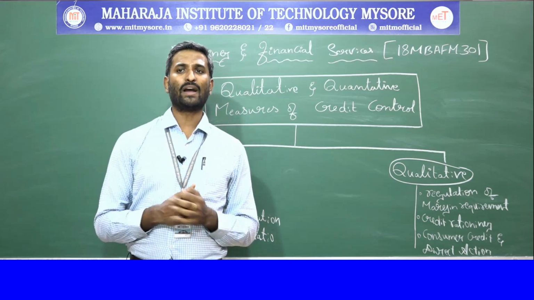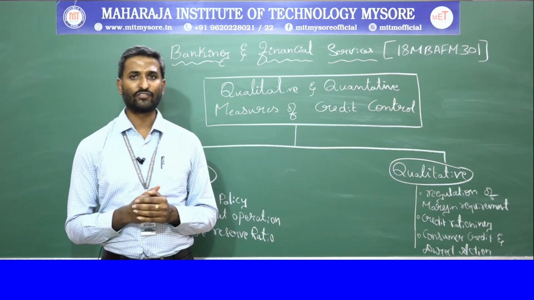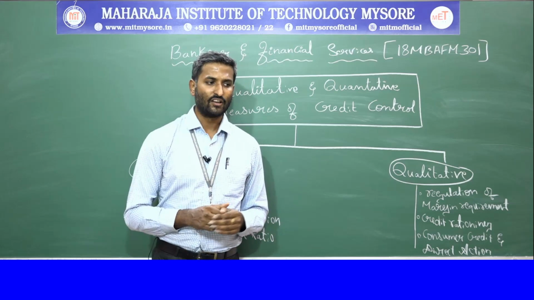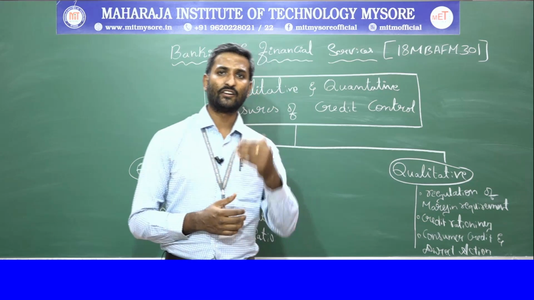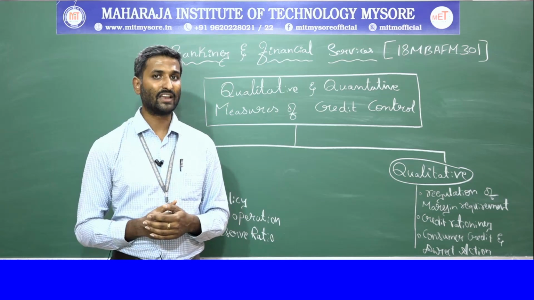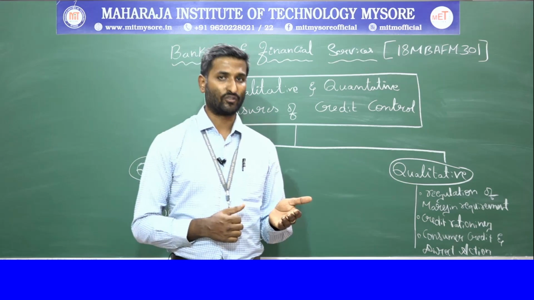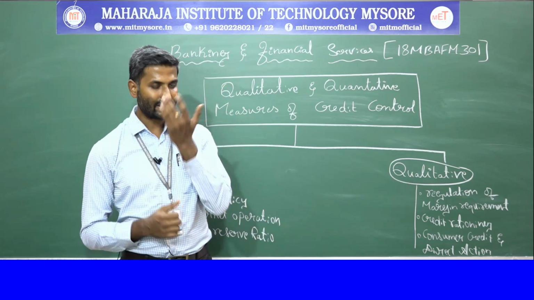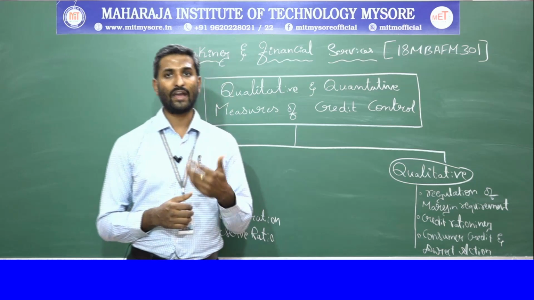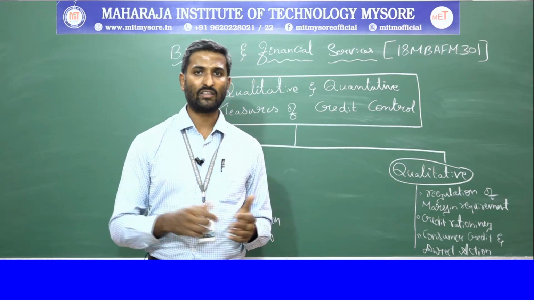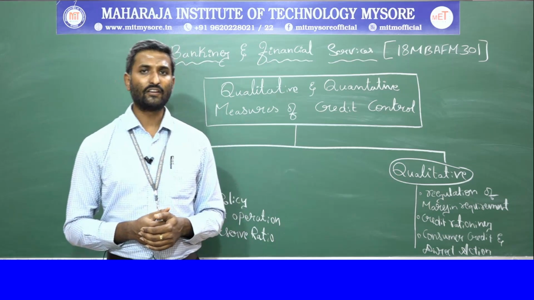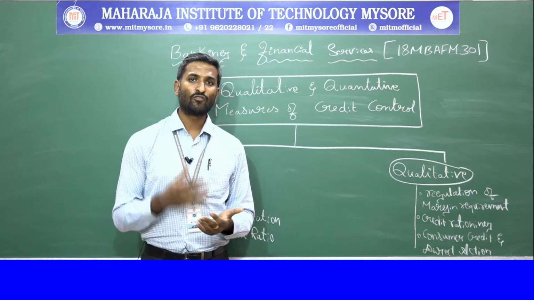A change in the margin requirements will influence the flow of credit. When the RBI allows a particular asset to be considered at 80%, the flow of money is more, and customers get a higher amount of loan against whatever they pledge on the fixed asset or securities.